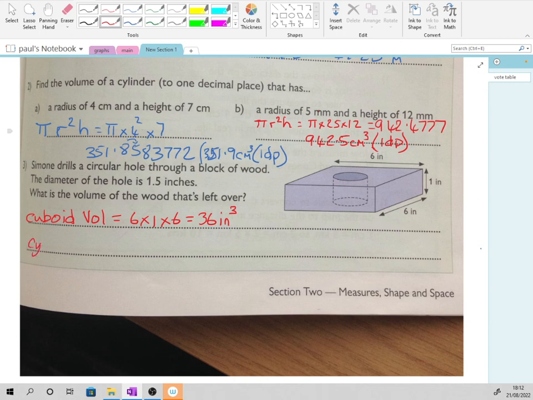So the cylinder volume equals pi r squared times the height. The diameter of the hole is 1.5. Oh, nearly went wrong. We need the radius, don't we?